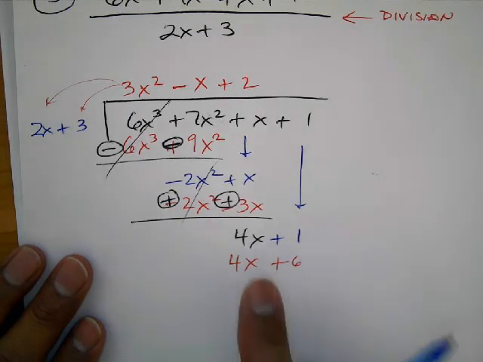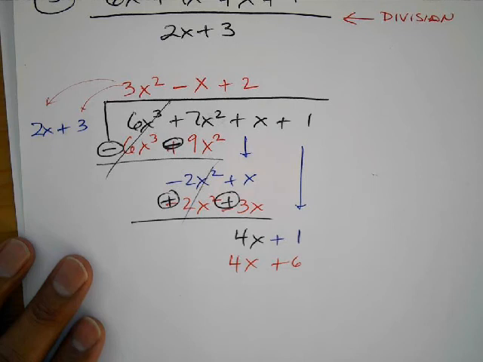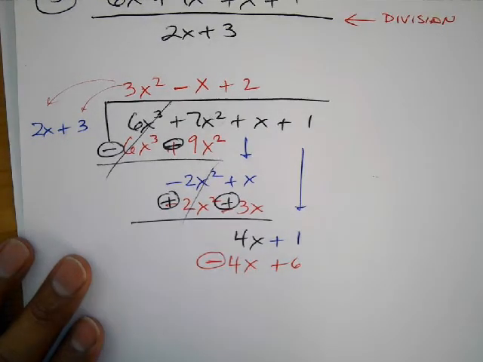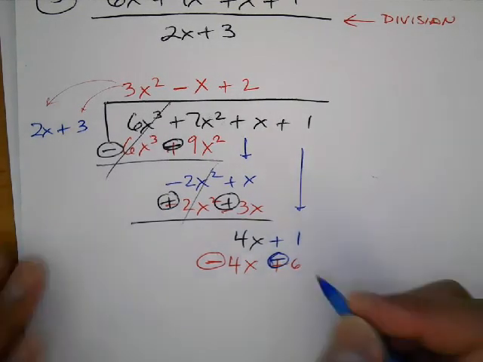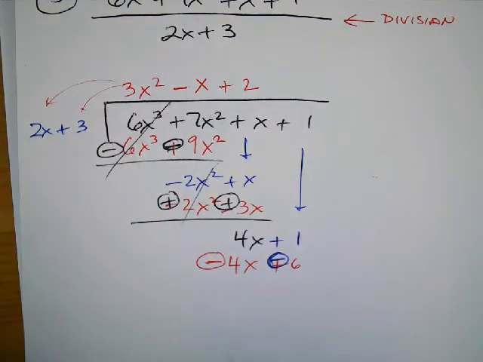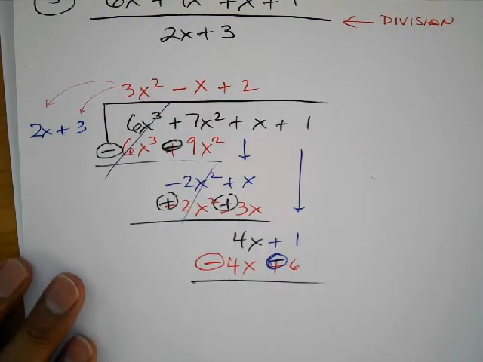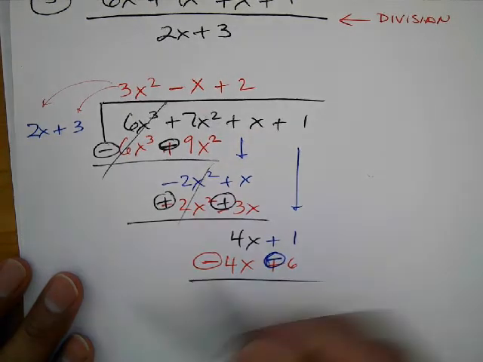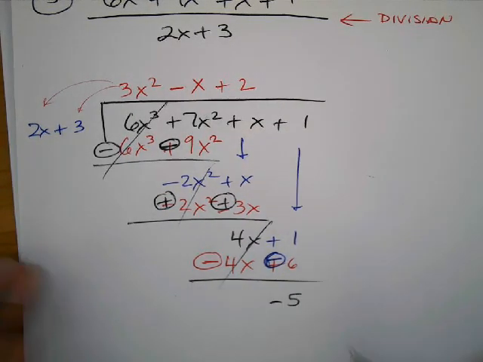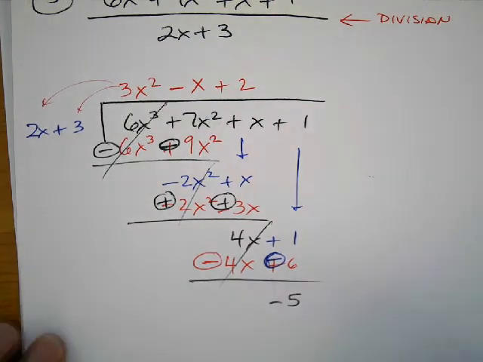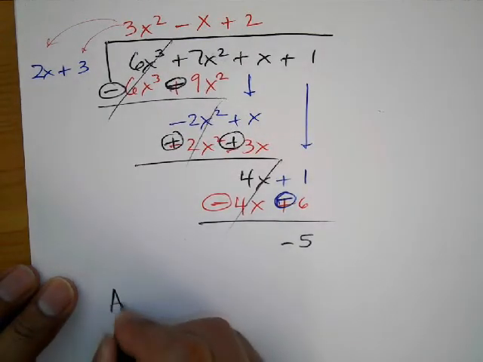Now what? Subtract. Subtract does what? Changes the signs. This is a positive, change it to a negative. If this would have been a negative, you change it to a positive. That's what you do. And I put the new sign and I circle it, so I know I did it. And what? Subtract. These will cancel. We'll have a remainder here, negative 5.